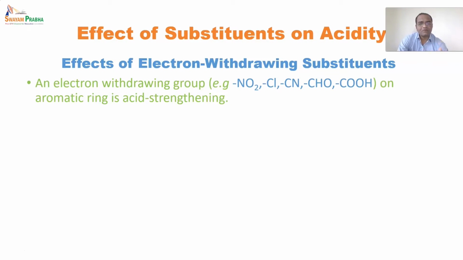They will withdraw electrons from the phenol, and due to which it forms an electropositive center, and this electropositive center increases the acidic strength of the aromatic ring.